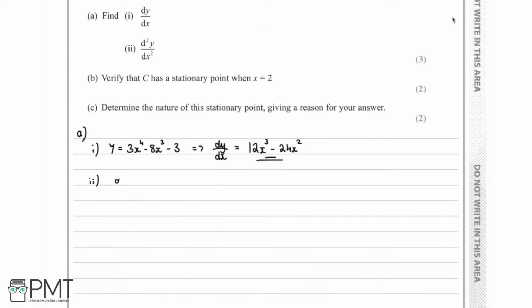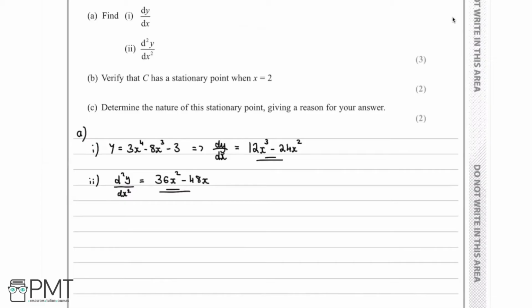So this means that d squared y over dx squared is going to be equal to 12 times 3, which is 36x squared. And then our negative 24x squared goes to negative 48x. So that means the second derivative of y is going to be equal to 36x squared minus 48x.